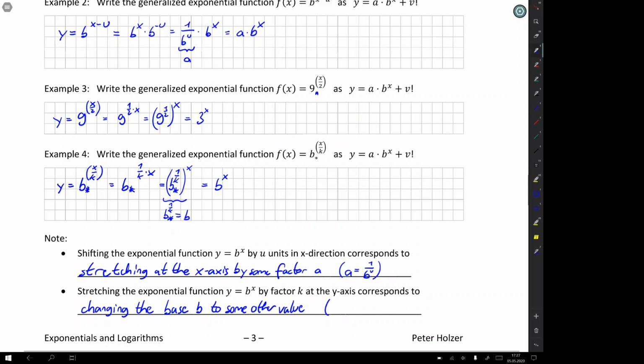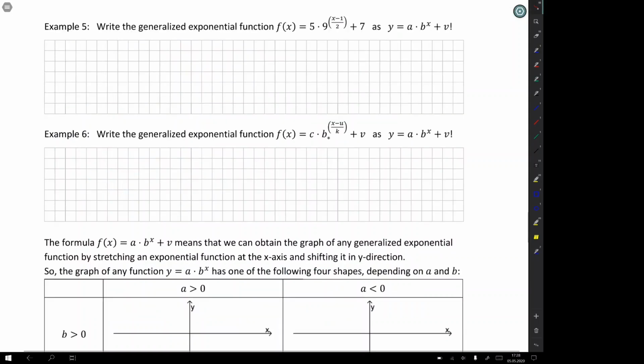And we have actually seen that the new value of the base is then just b to the power of 1 divided by k. Again, this is not so important. It's more important just to understand that one transformation can be compensated by another, or can be done by another.